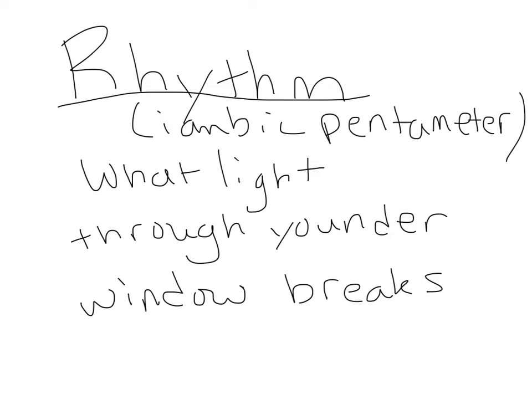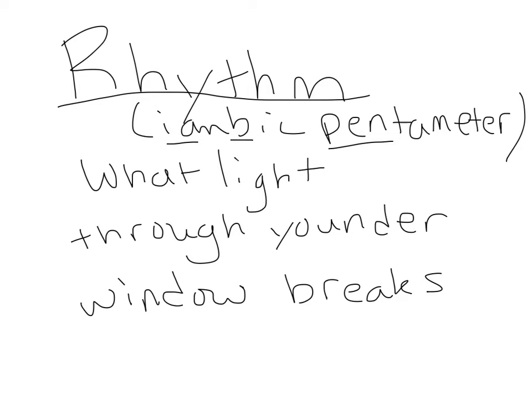The next few things to think about, the first one is rhythm here. Rhythm is just the beat of the poem, and the beat of the poem is created by the emphasis that you put on the words. So one type of rhythm that Shakespeare used a lot was iambic pentameter. Now, what's iambic pentameter? An iamb is two syllables put together, and pentameter, penta means 5.